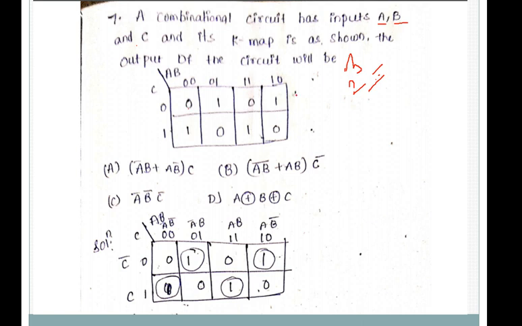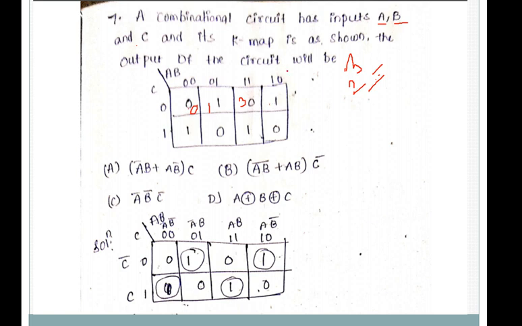So here we are using the gray code. The gray code is also called the unit distance code. Why? Because it is used in order to reduce the errors. Here 0 0 0 is 0, 0 0 1 is 1, and 0 1 1 is 3. So instead of 2, here you are using 3, that is gray code, in order to reduce the error.